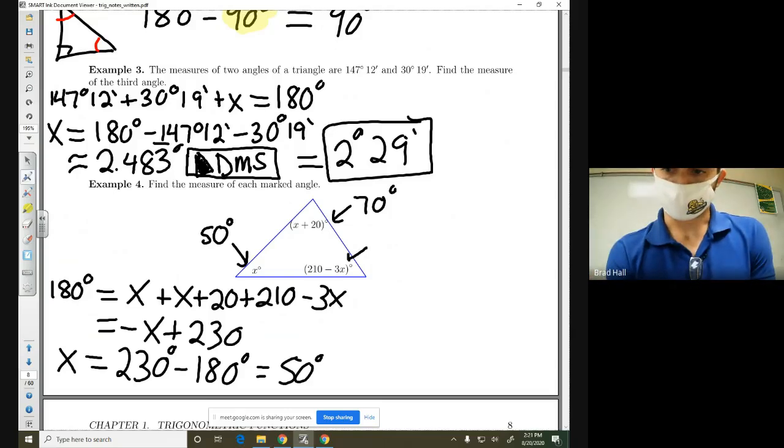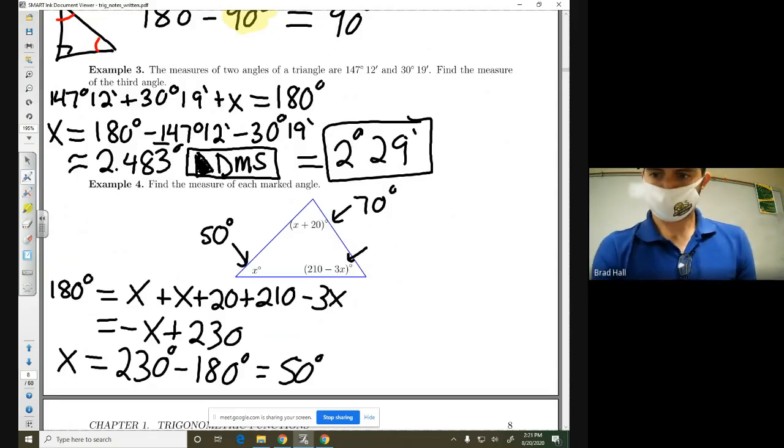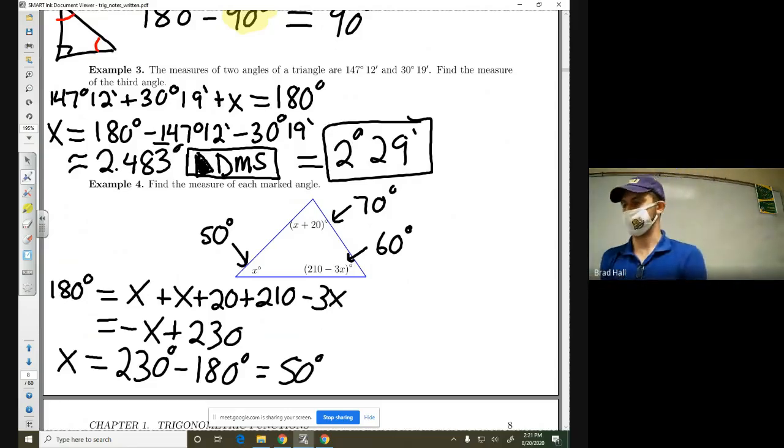And the bottom one is, what's 60? Once you plug in 50 for x. So those would be your three answers, 50, 70, and 60.